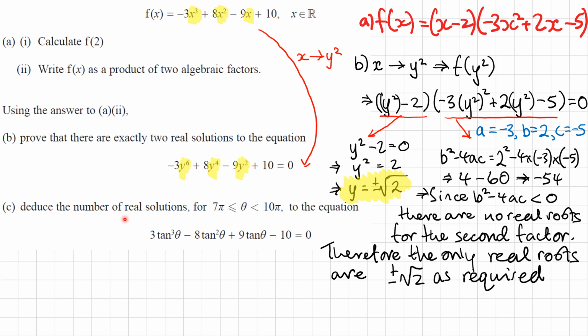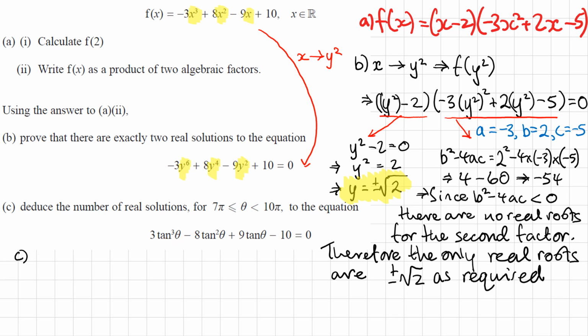Part C, deduce the number of real solutions for theta greater than or equal to 7 pi and less than 10 pi to the equation 3 tan cubed theta minus 8 tan squared theta plus 9 tan theta minus 10 is equal to 0. Now the first thing is that if I take the x from the very first equation f of x and I replace it with tan theta, I get this equation.